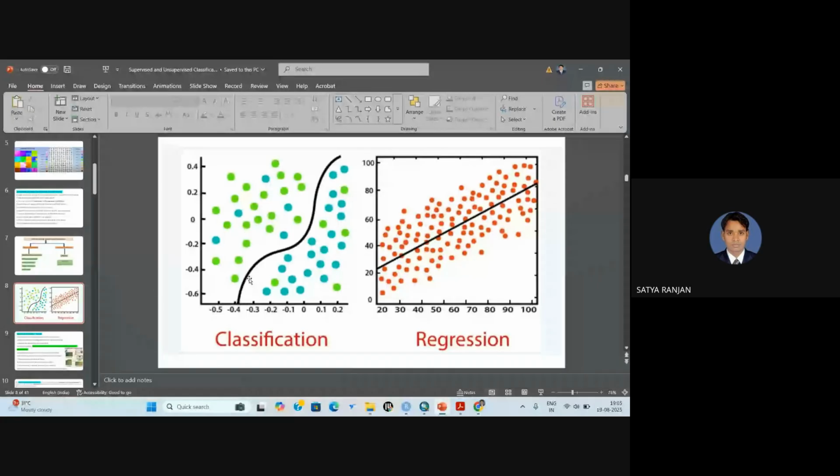Some water bodies are also present in the forest areas, and some trees or greenery are present in the water bodies. So it also creates a boundary based on the mixed boundary information.